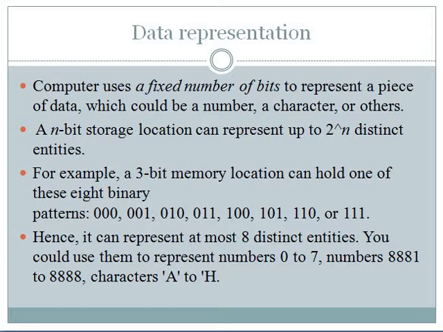Computers use a fixed number of bits to represent a piece of data, which could be a number, a character, or others. That is, computers know only zeros and ones. You call it machine language or machine code or a low level language comprised of binary digits, that is zeros and ones.